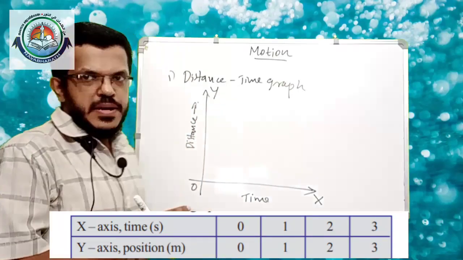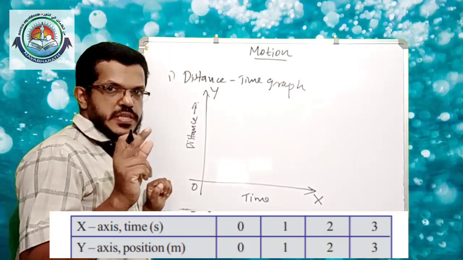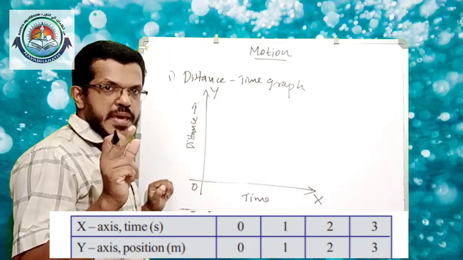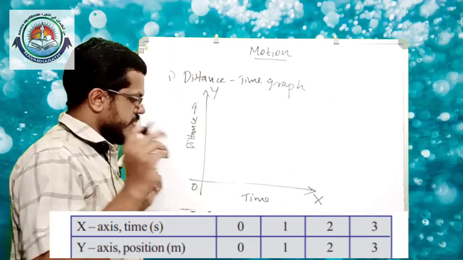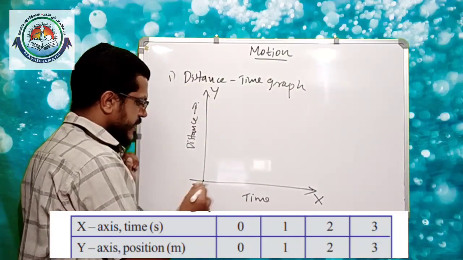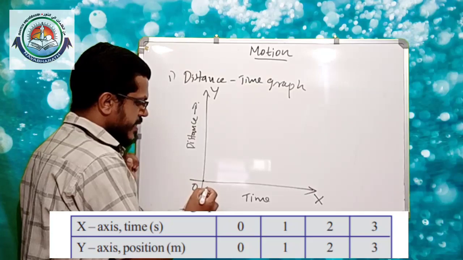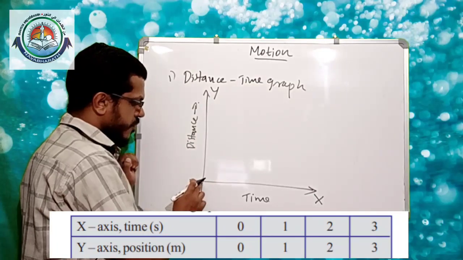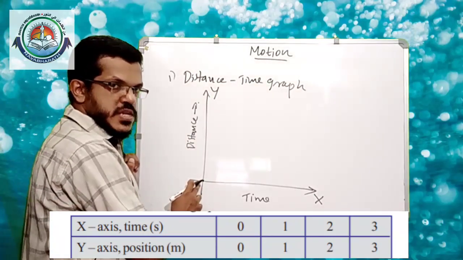Listen here. The table gives the position and the time of an object starting from 0. That means the value of the origin on the x-axis is 0, and on the y-axis the value of the origin is also 0.